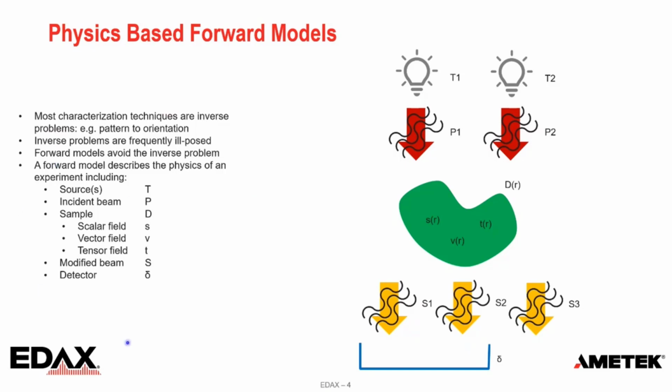And so basically the idea with a forward model is, because inverse problems are often mathematically ill-posed, instead you can develop a simulation parallel to the experiment that simulates all of the physics that is relevant. And then you can compare the result of that simulation with your experimental result to determine what your sample was.